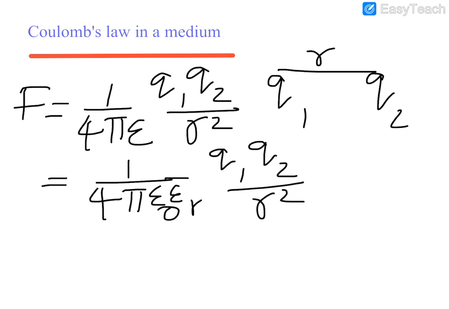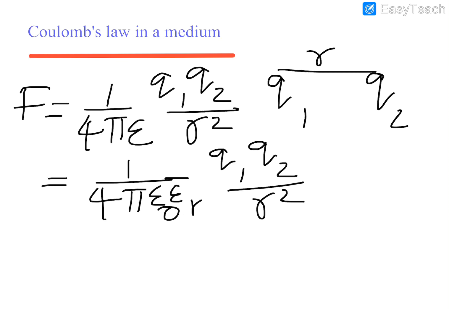Now if you check this expression, 1 by 4 pi epsilon 0 q1 q2 by r square is the expression for Coulomb's law in air. This is the expression for force in air.